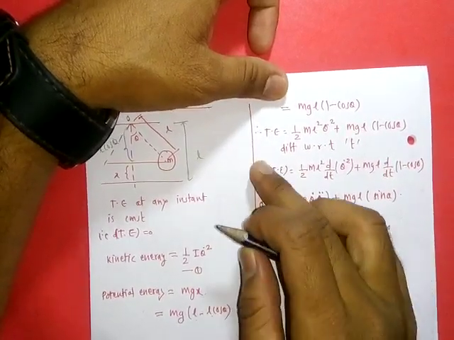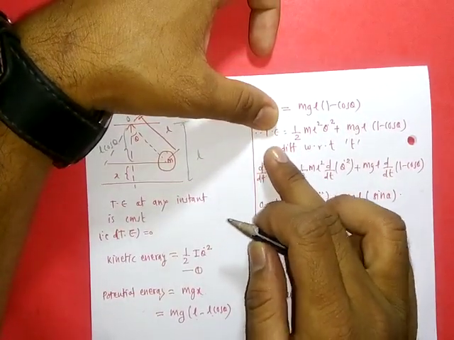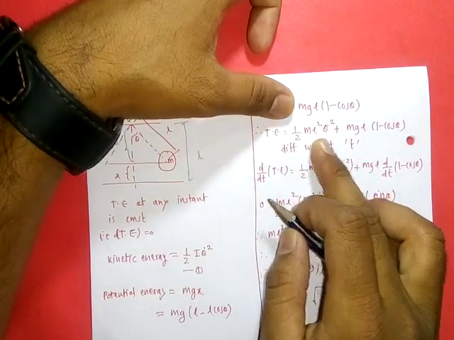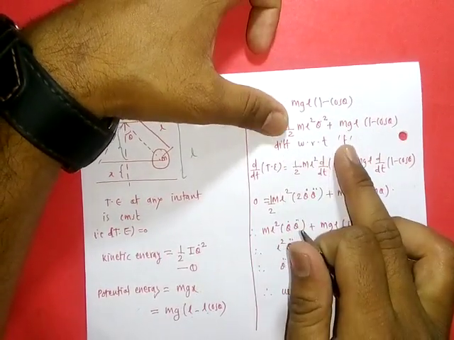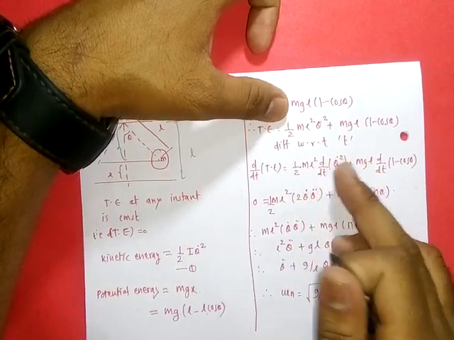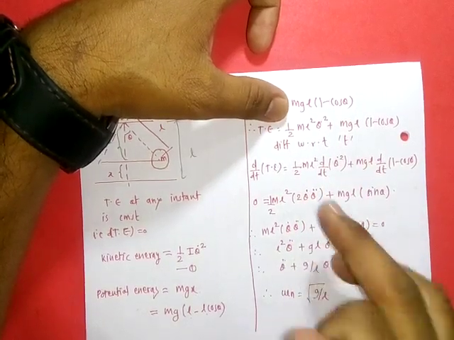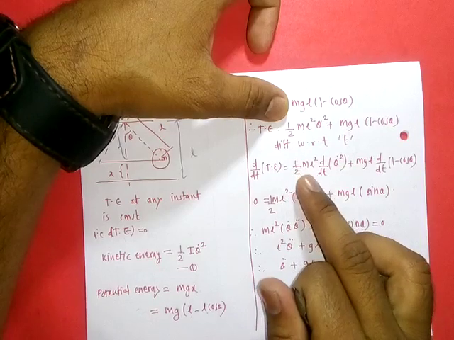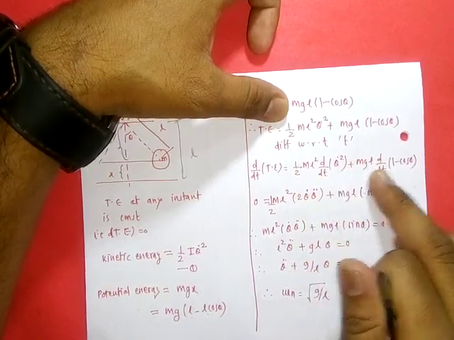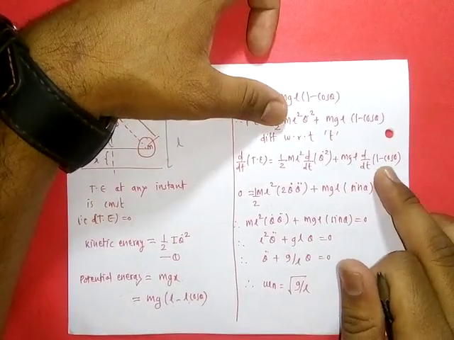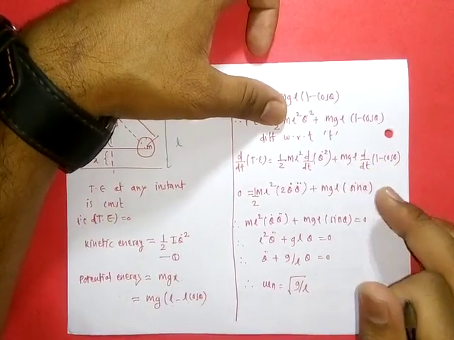Then total energy equation is total energy equal to this kinetic energy plus this potential energy. Then differentiating with respect to t and taking constant terms outside of the derivative, we get 1 half m L square derivative of theta dot square with respect to time plus mgL derivative of 1 minus cos theta with respect to time.